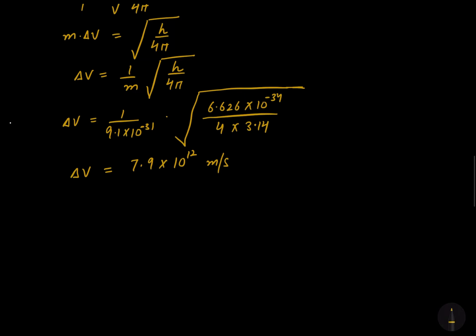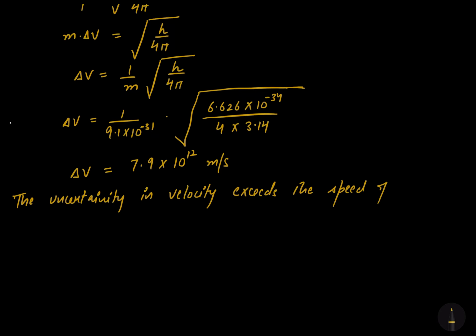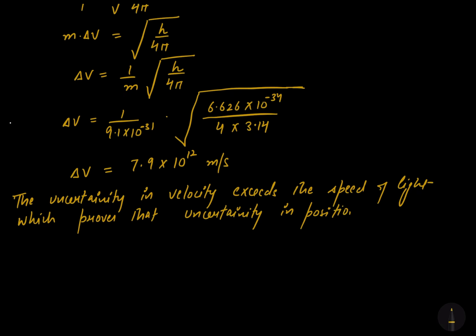So here I am writing, the uncertainty in velocity again exceeds the speed of light, which proves that uncertainty in position and uncertainty in momentum will never be equal.